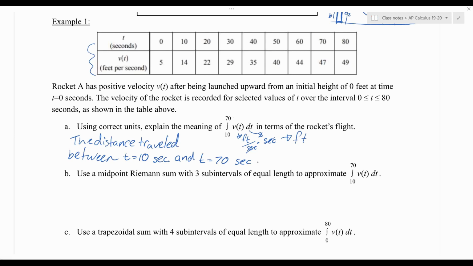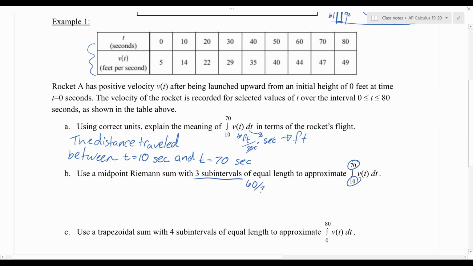So let's use a midpoint Riemann sum with 3 subintervals to approximate this value. I'm going to look at my endpoints, my boundaries, 10 to 70. That means the time is 60 seconds, since 70 minus 10 is 60.